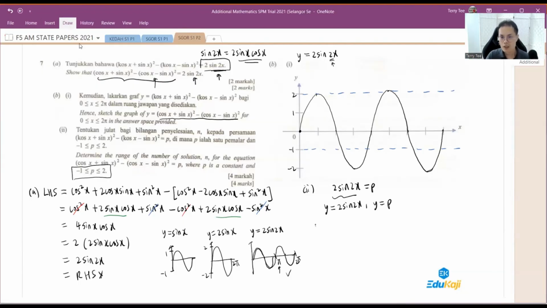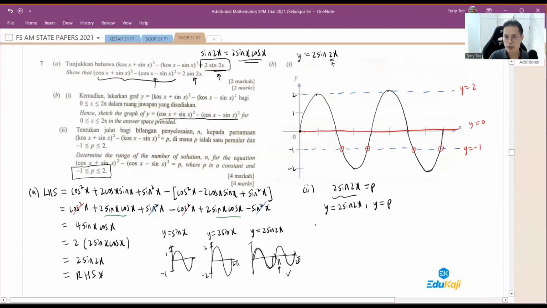Let's say I draw y equals -1. I write y equals -1 here, and this is y equals 2. At y equals -1, how many solutions? 1, 2, 3, 4. Remember, the number of solutions is the number of intersections. If I draw at y equals 0, how many solutions would you have? 1, 2, 3, 4, 5.